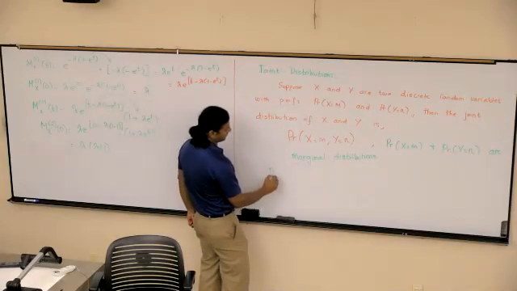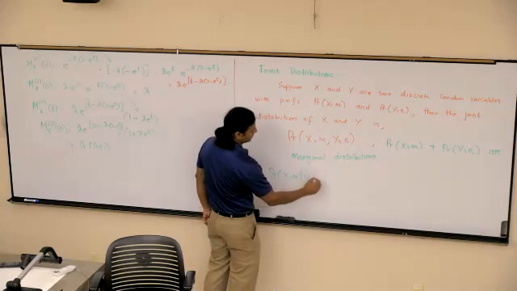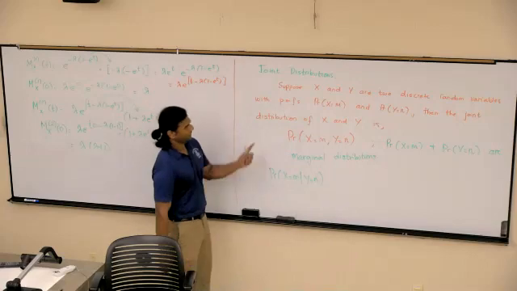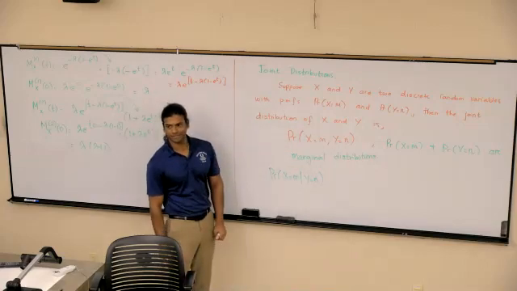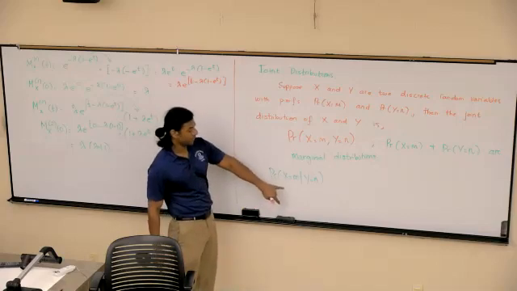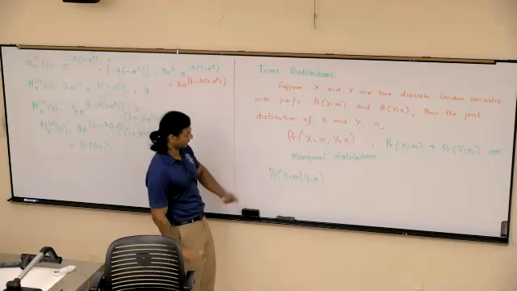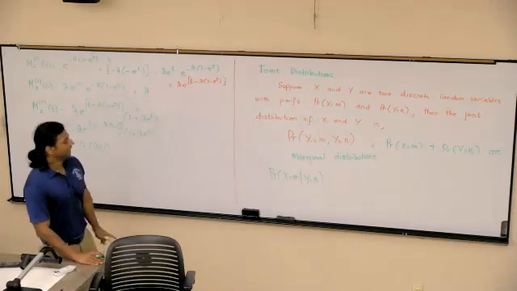Is there two discrete variables? I did not say that they are independent. They're just two random variables. So unless otherwise specified, random variables are not assumed to be independent.